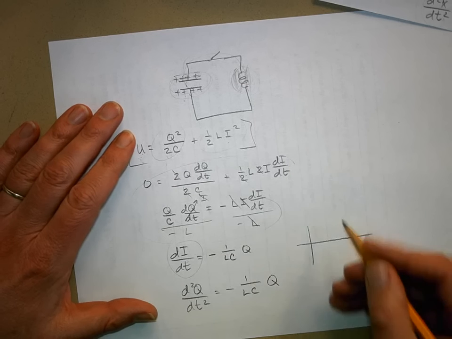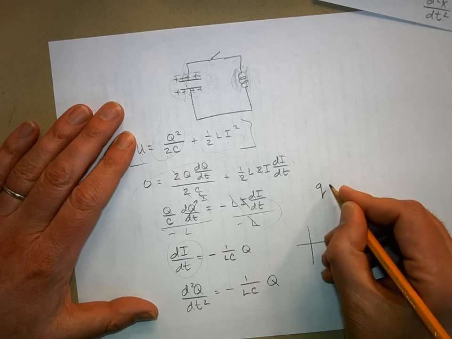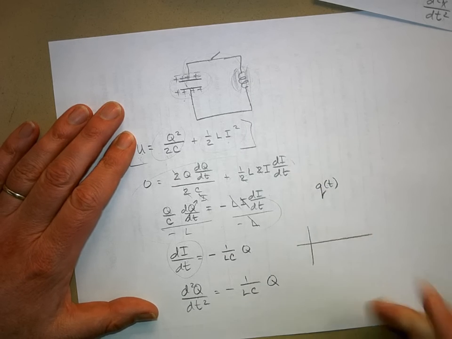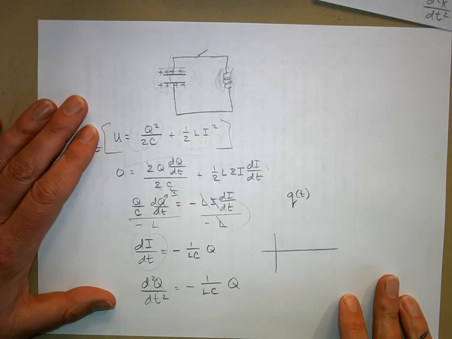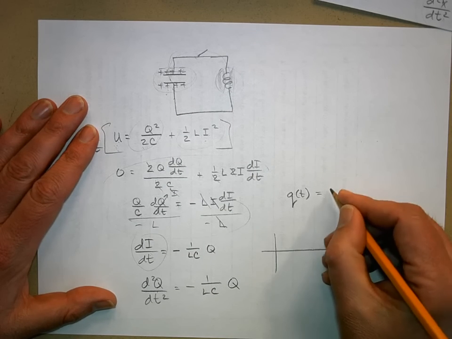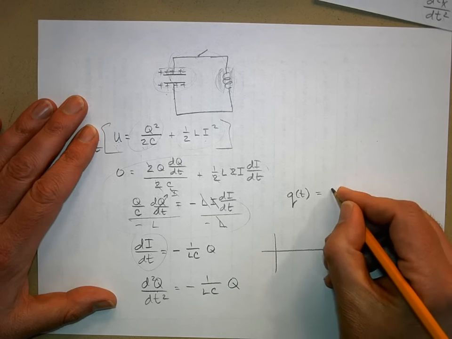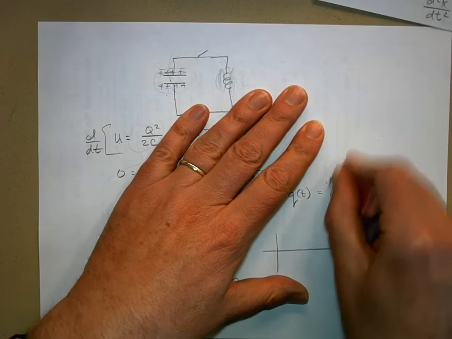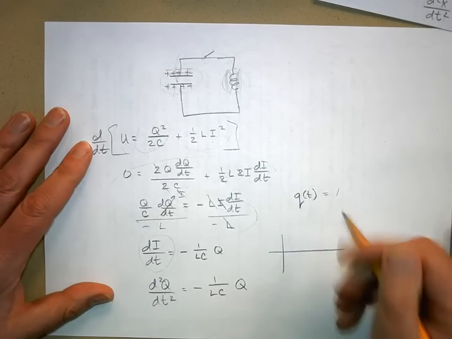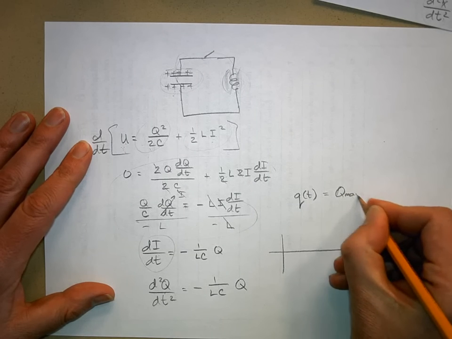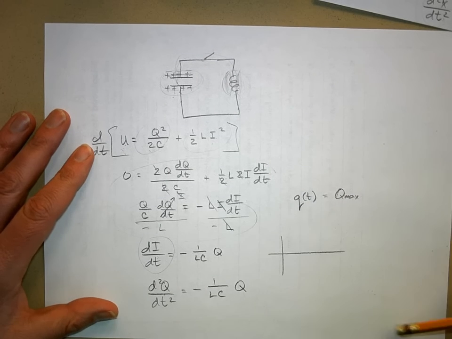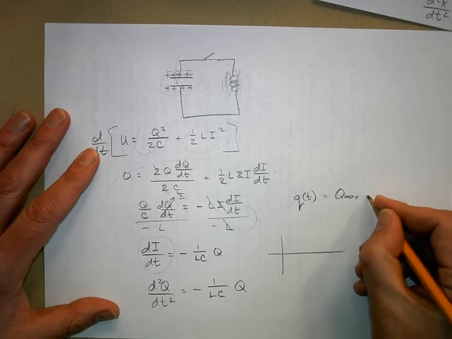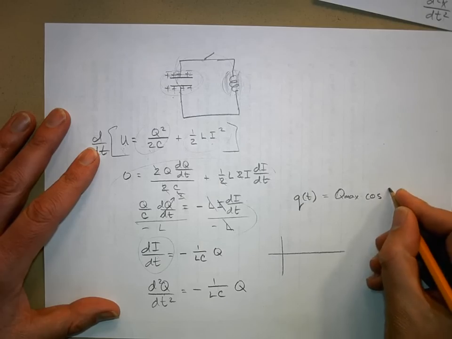In other words, Q as a function of time is going to be equal to some amplitude, which is the maximum charge, we'll just call that Q max, which would have to be given, times the cosine of omega t.